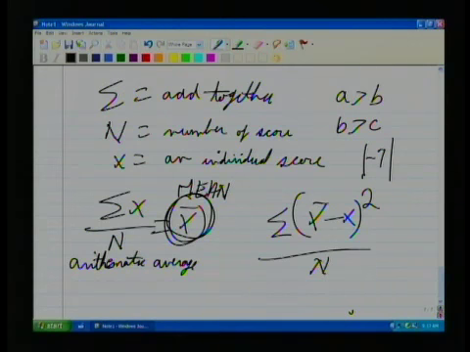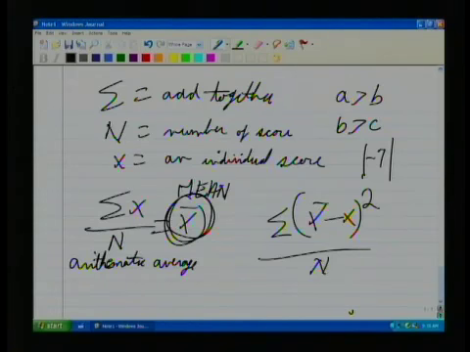If somebody's score was 10 points above the mean, 72 minus 82 is a -10, you square it, you get 100. If someone's score was 10 points below the mean, a 62, 72 minus 62 is a +10, you square it, you get a +100.